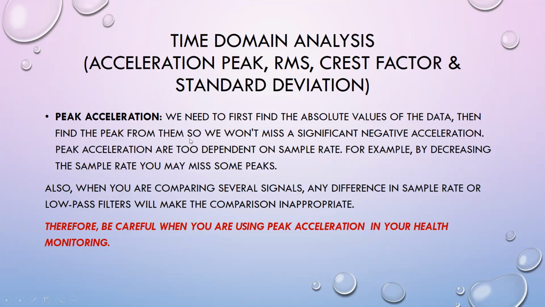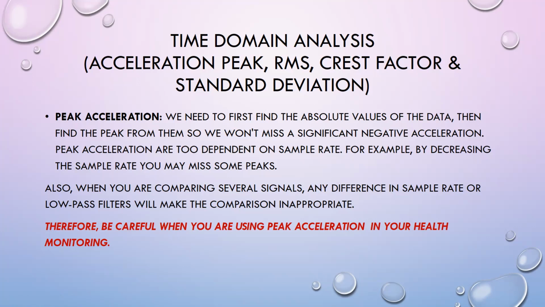Okay, first of all, we start with the peak acceleration. As you saw, there are a lot of peaks in the acceleration diagram. We can find the peak. Of course, we should find the peak of the absolute values of the data, because we have some peak points which are negative, and if you only consider the peak for the values of the data, you will miss the negative peak points, and sometimes the negative peak points are more important than the positive ones, because negative and positive is only a direction of the acceleration.